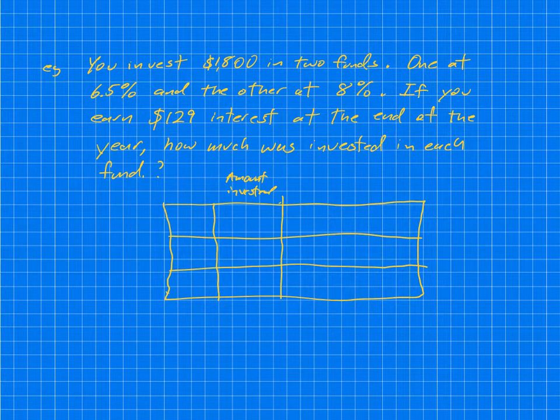And just like the solutions, I do have a percent return, or an interest rate, as they call it. And then at the end, I get a certain quantity of what they call interest.